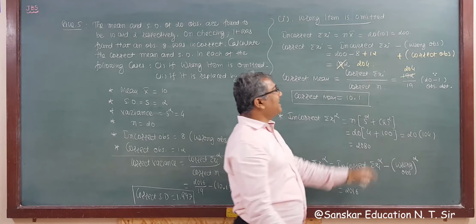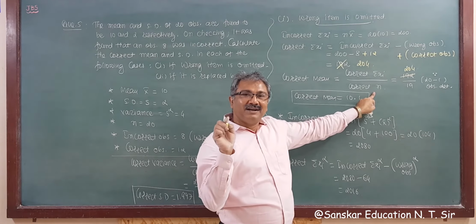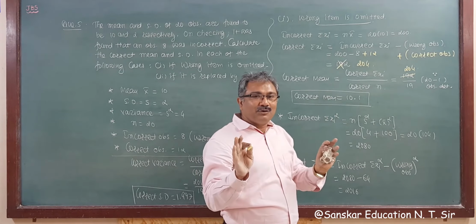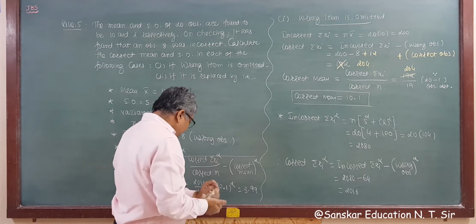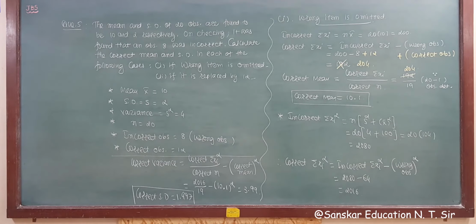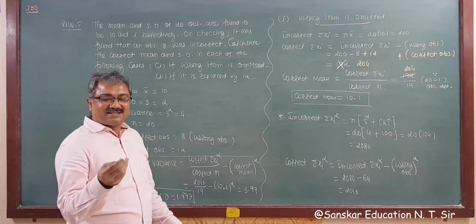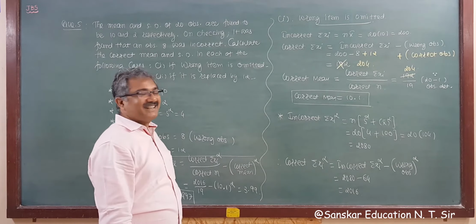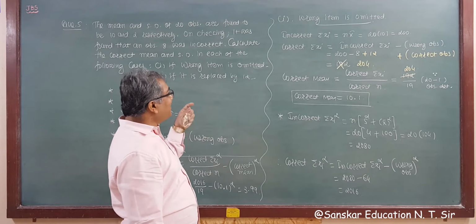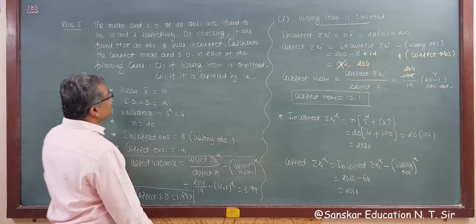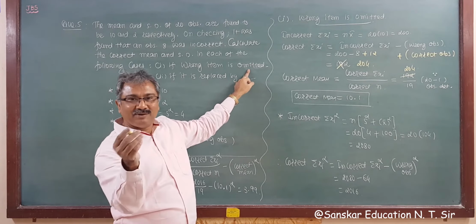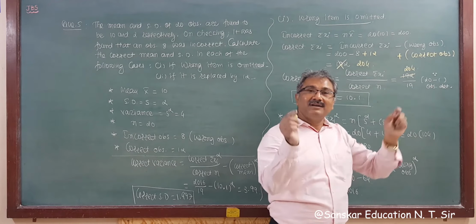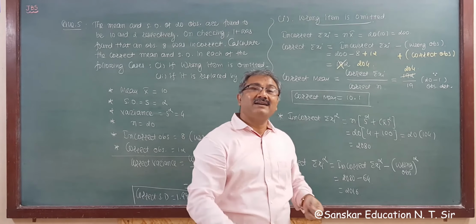Now here correct n is as it is, 20. In the first case, one observation is omitted, meaning out of 20, one is less, that is 19 observations, but here that observation is replaced by another one.